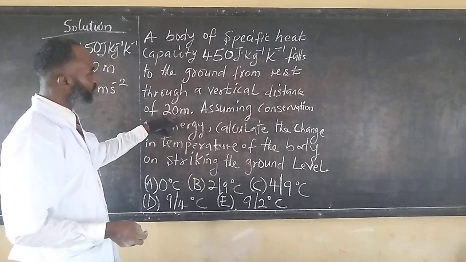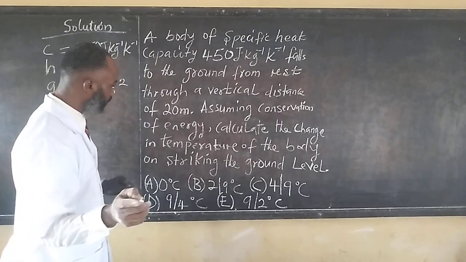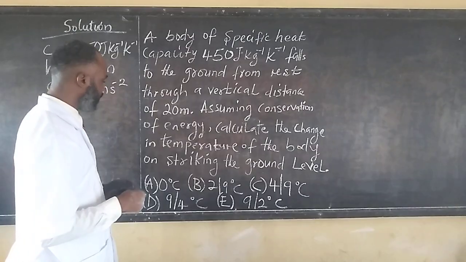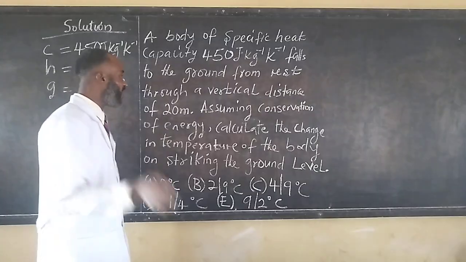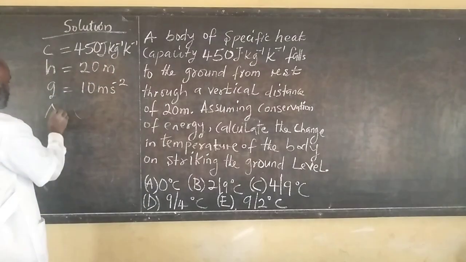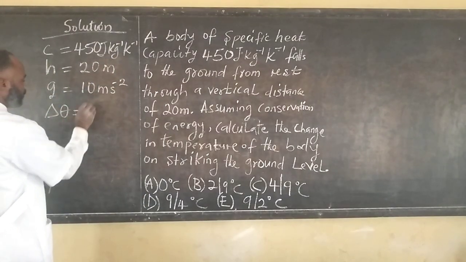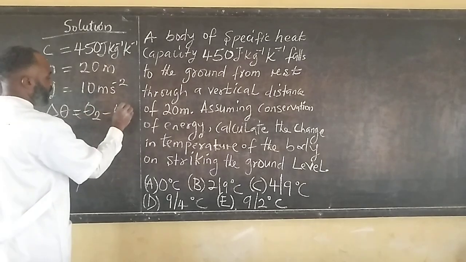We've considered height and acceleration due to gravity. We must find the change in the temperature of the body on striking the ground level, which is theta 2 minus theta 1.